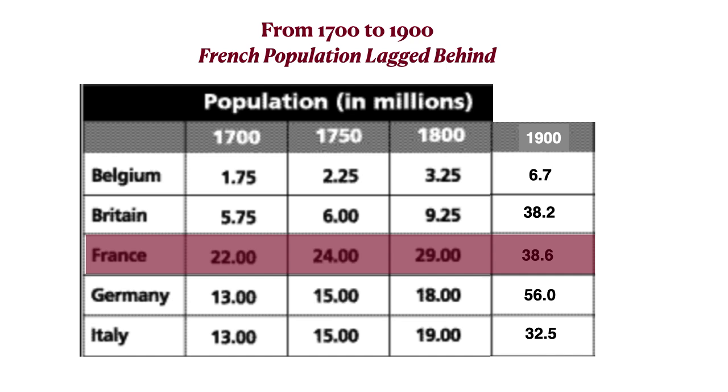So one is just to note total populations of countries. Compare France, which I've highlighted there, with Britain and Germany. Germany was not a country until the 1870s, but we can talk about the land that's currently part of Germany. And you can see France with 22 million in 1700 as opposed to fewer than 6 million in Britain, or only 13 million in what is now Germany.